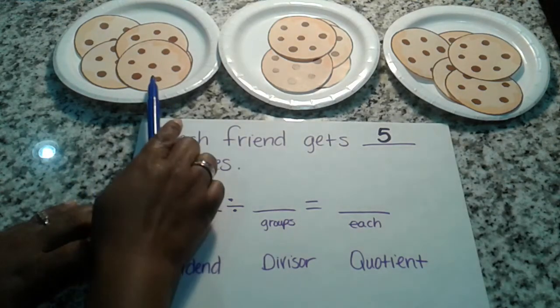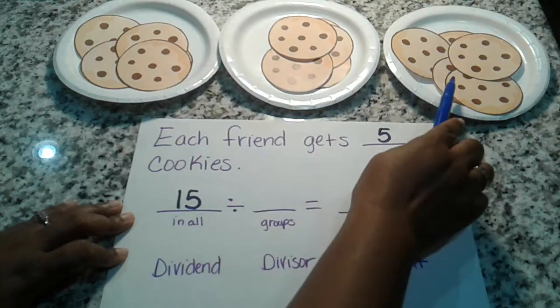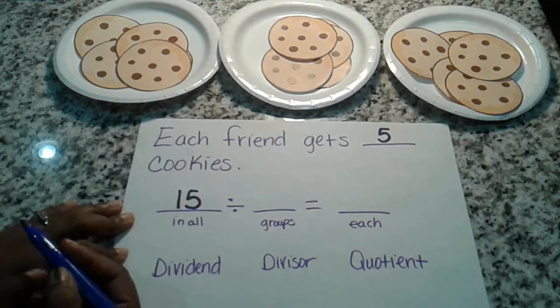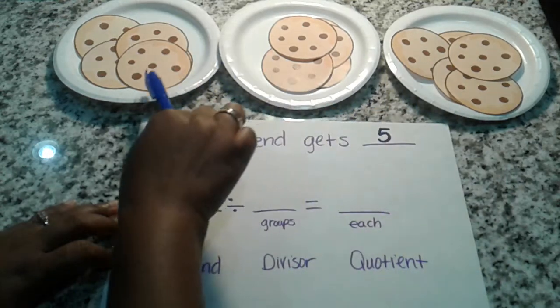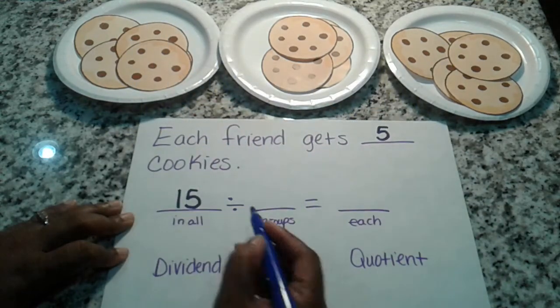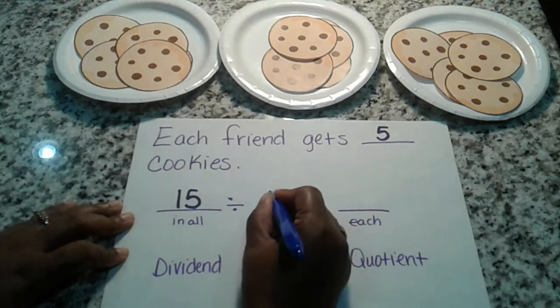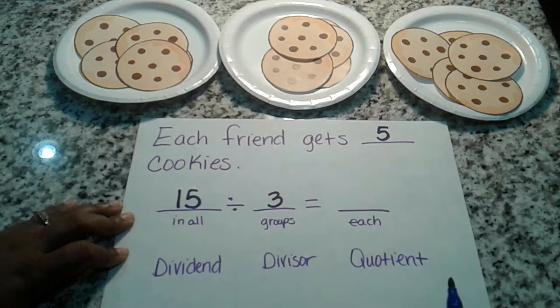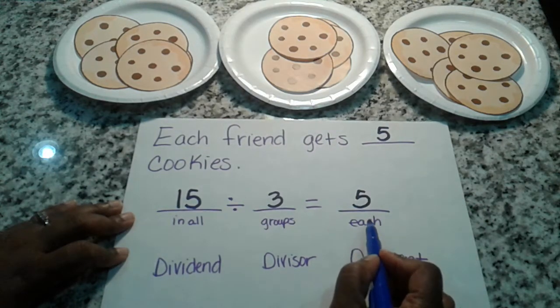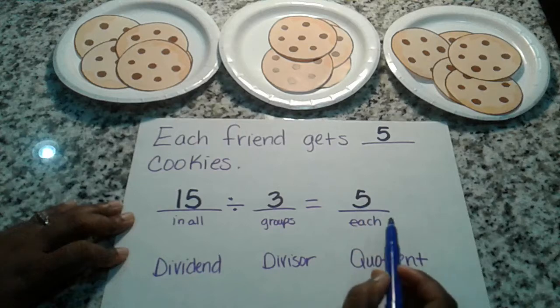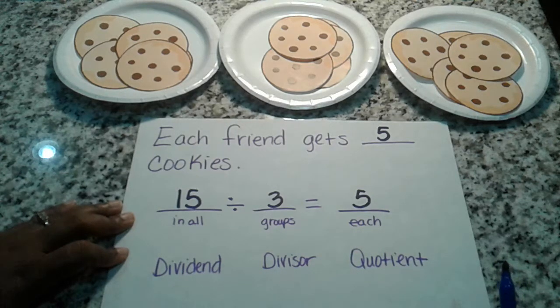We had 1, 2, 3 different groups. In this case, our groups were our 3 different friends. So 15 divided by 3 equals 5. Each person had 5 cookies each.